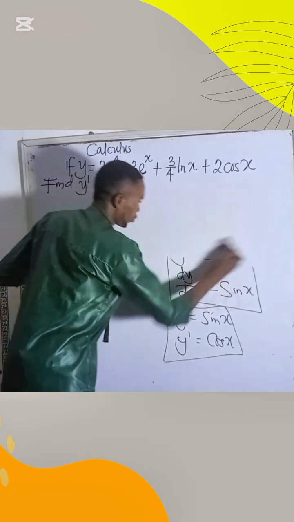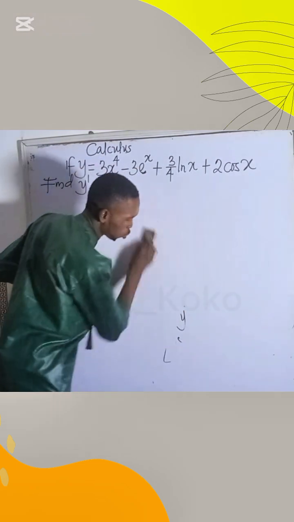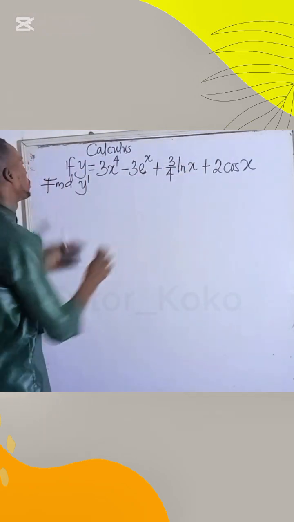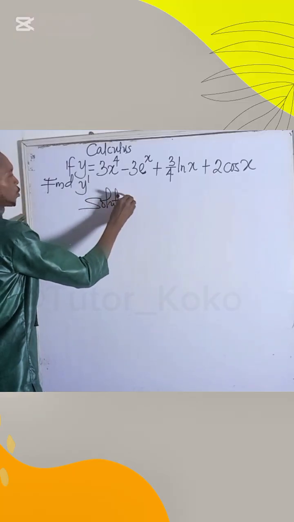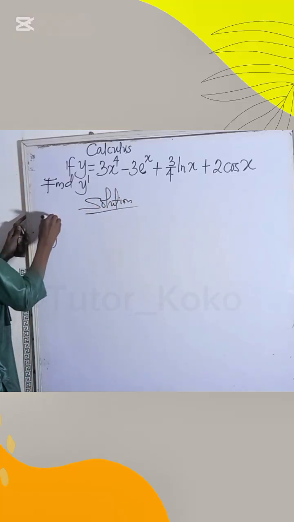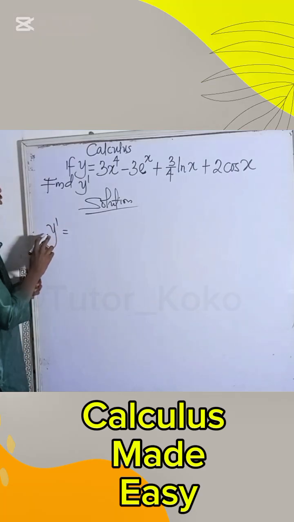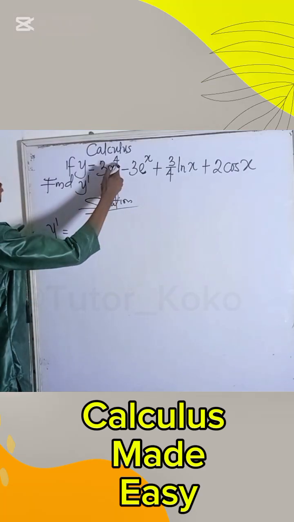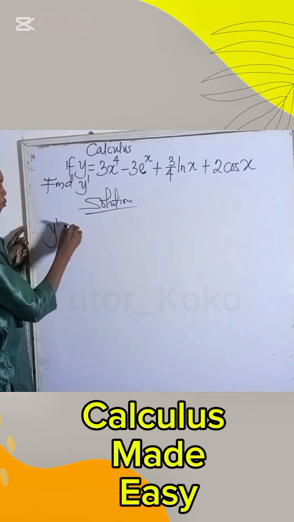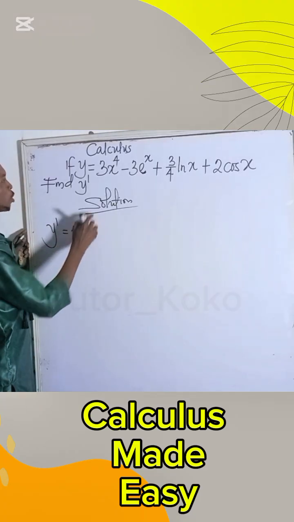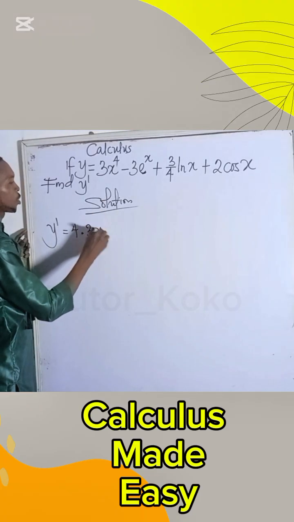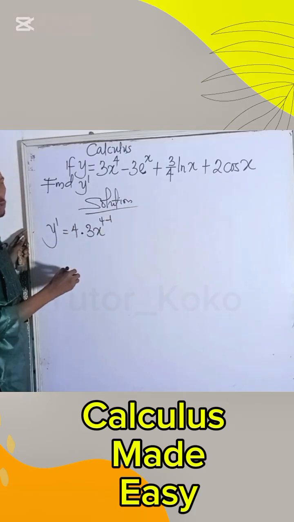So I've shown you how to solve all these on the board. So let's solve now. In our solution, finally, I have the derivative of y is equal to, now let's solve this. This will be 4 multiplied by, I can use a dot as multiplication, 4 multiplied by 3x to the power of 4, then I'll take away 1.